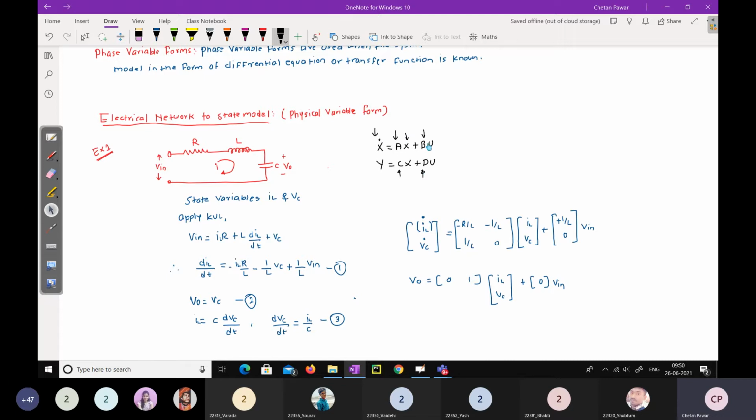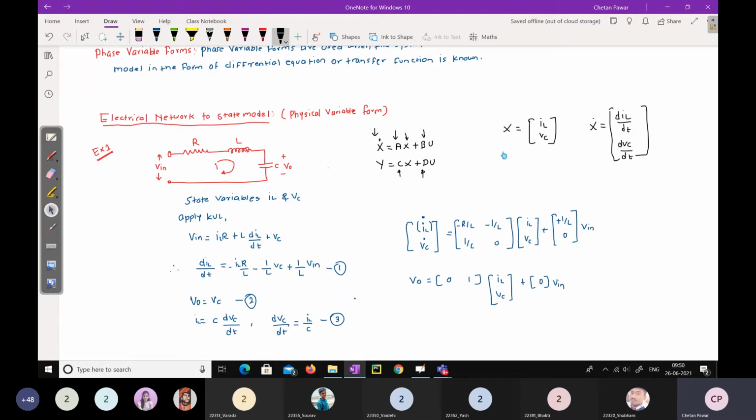Similarly, X. So what will be the variables in the X vector? In the X vector there will be IL and VC. And what will be in the X bar? Derivative of IL and derivative of VC. So X bar will be dIL by dt, dVC by dt.